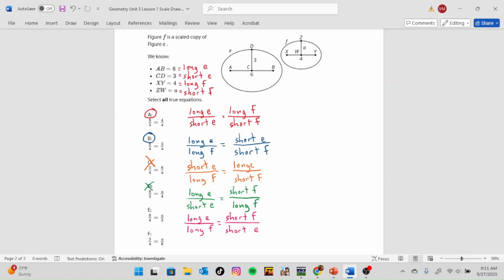Now it's the inverse of what we did on B, so it's no longer a true statement. We're not making a valid comparison. We're comparing the long part of E in relation to the long part of F with the short part of F in relation to the short part of E. That part on the right needs to be flipped upside down. We've got to be making sure that we're matching up the correct parts. So E is not valid.